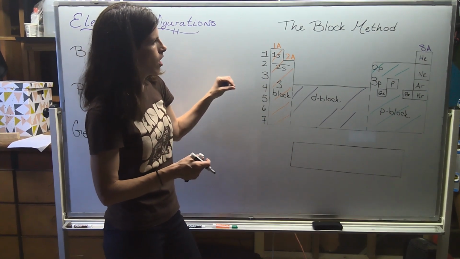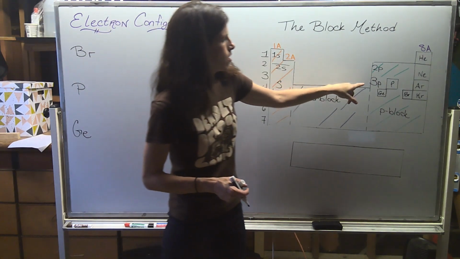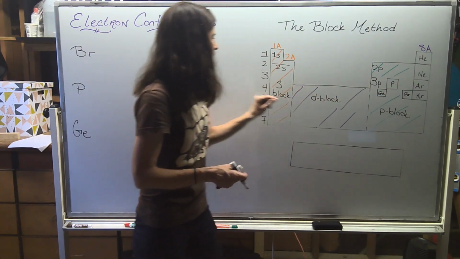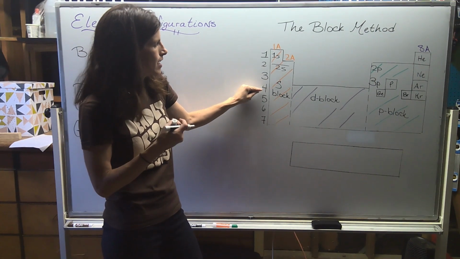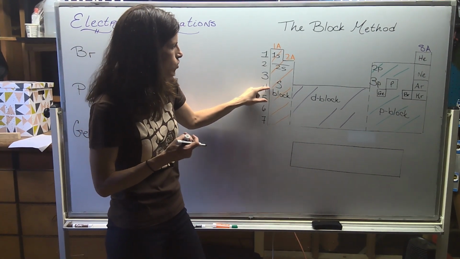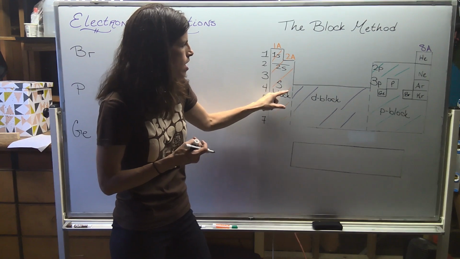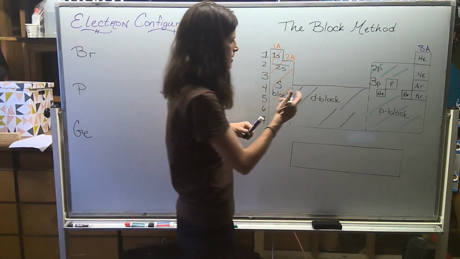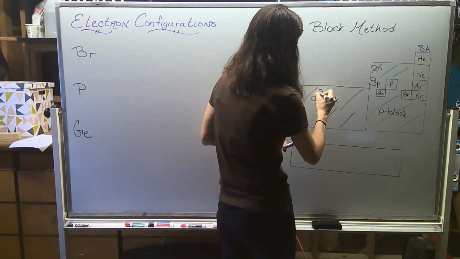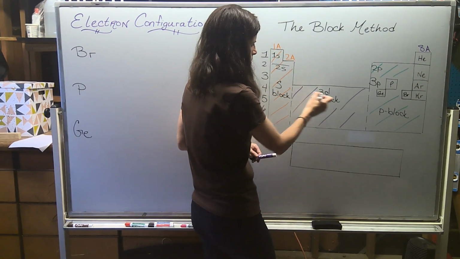So we saw in our previous examples, we did 3p6, and then look at your energy diagram, the next thing after that is 4s2, and that's right here, and then we see 3d. So what I like to say about the D block, you're in the 4th row and you hit 3d.